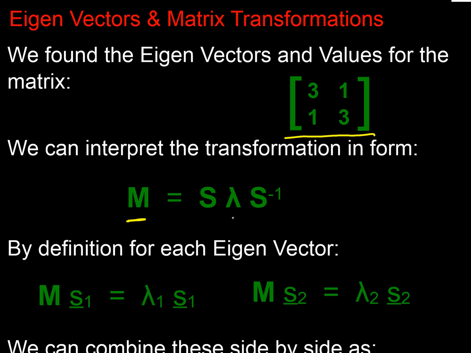In effect, we'll build that matrix by knowing what our eigenvalue matrix is and what our eigenvector matrix is, and then doing this process here, including the inverse, to generate our matrix. So we could actually start the other way around. We could start with, I want these to be my eigenvectors, these to be my eigenvalues, tell me what my matrix is going to be. That's what I'm going to use it for in a minute.